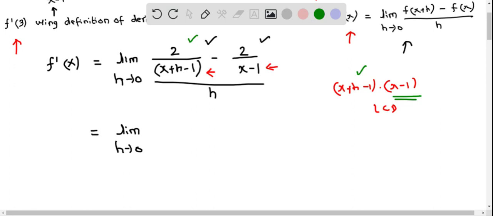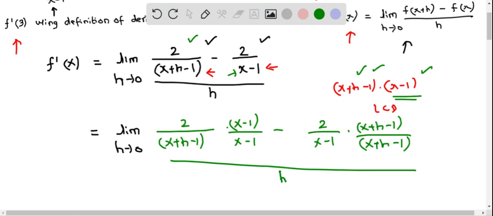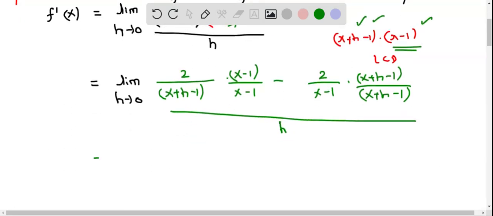So let me do that. This will be equal to 2 times x minus 1 over x plus h minus 1 times x minus 1. And similarly for the second term, the term in the denominator is x minus 1, which means we have to multiply only with the missing term. So we can write this as 2 over x minus 1 times x plus h minus 1 over x plus h minus 1, and all over h. So we put it like this. Now let's simplify the terms.